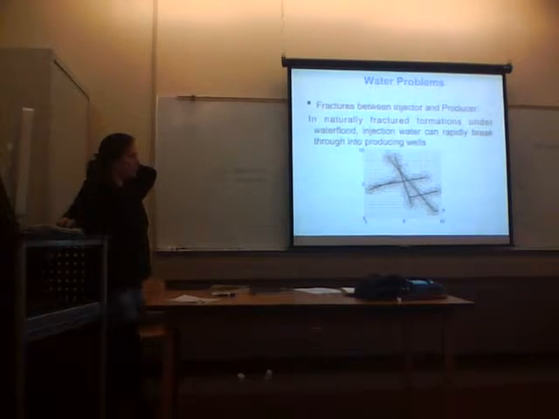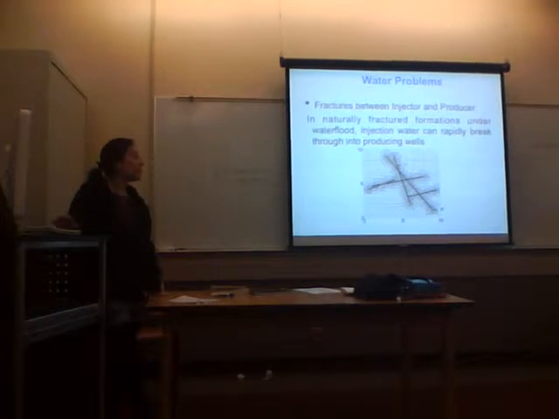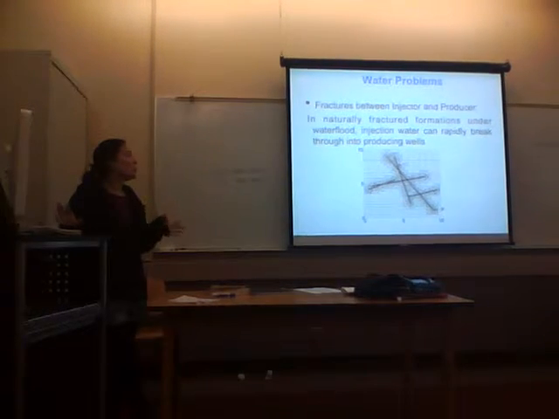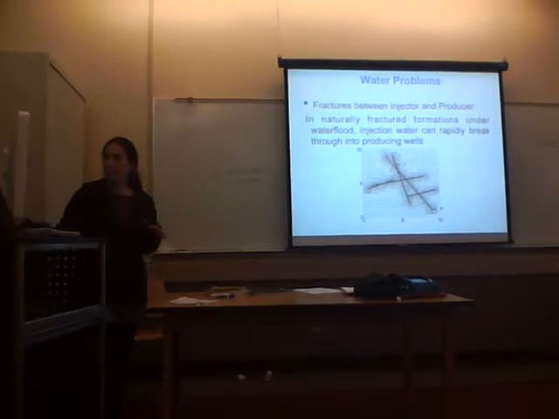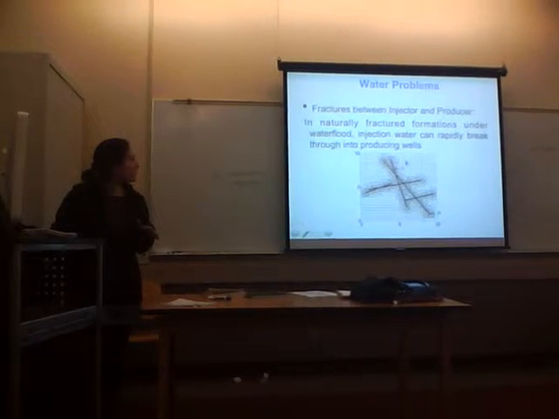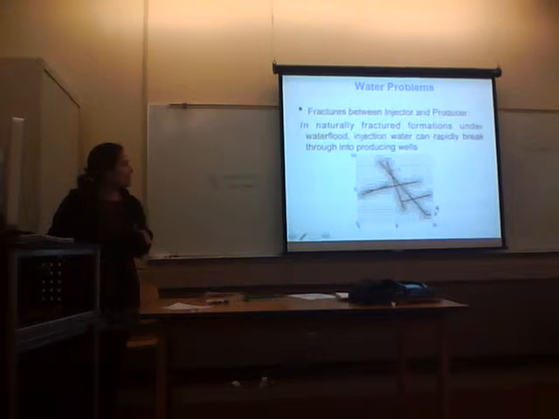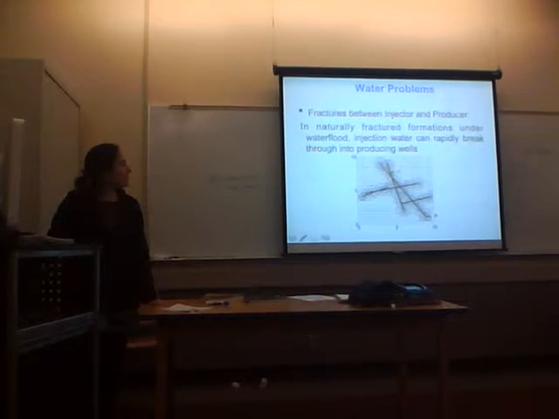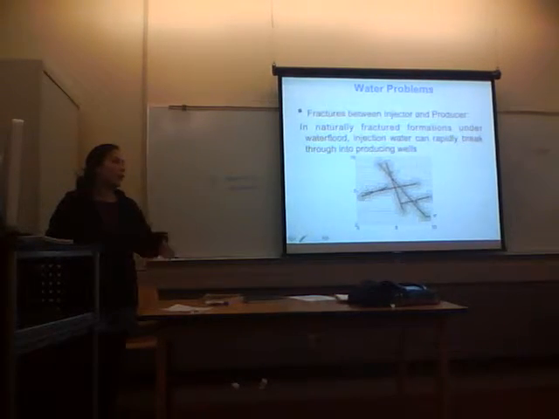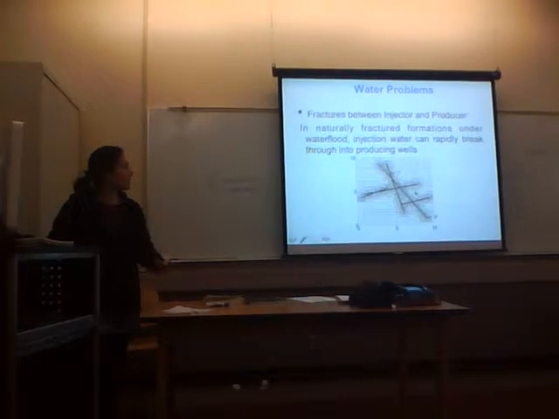I found this screen of a simulating program which is used to control the water production in fields. So here you can see the injector well, and here's the production well. So there are different locations, but underground, these lines represent the fractures or the ways where the water can go through.